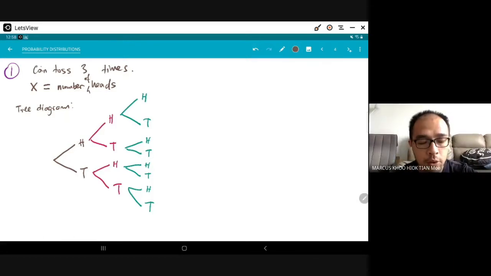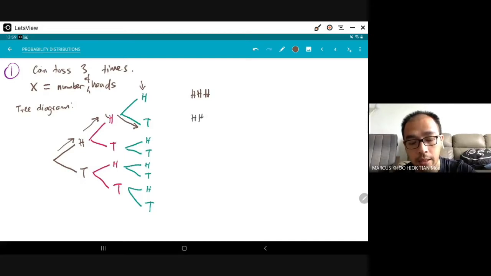First time kamu lambung, kamu dapat heads. Second time, heads. Third time, heads. So this is head, head, head. The next path is first time head, second time head, but the third time tails. So this is head, head, tail.